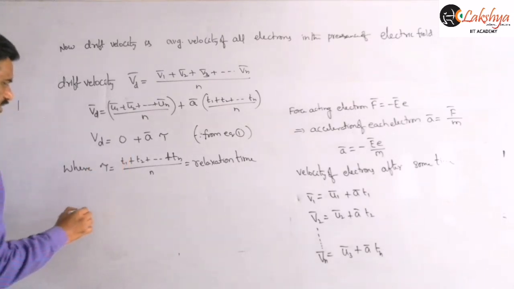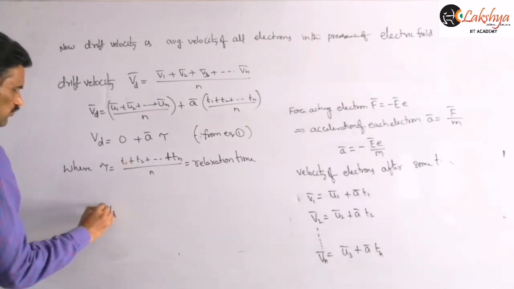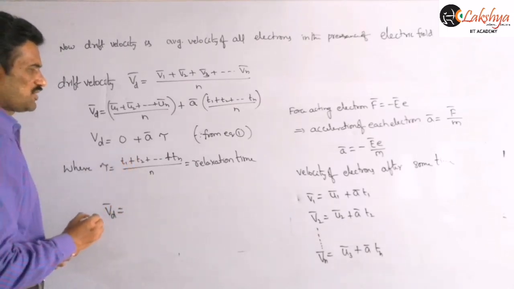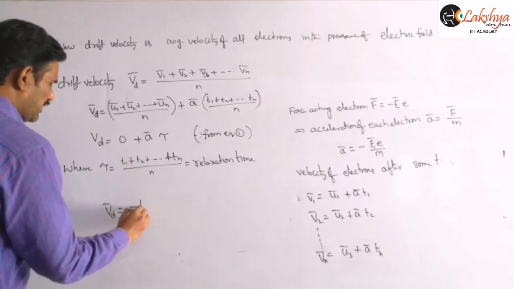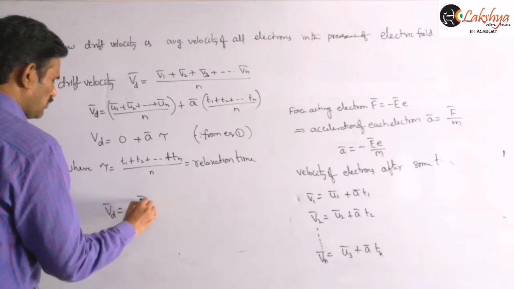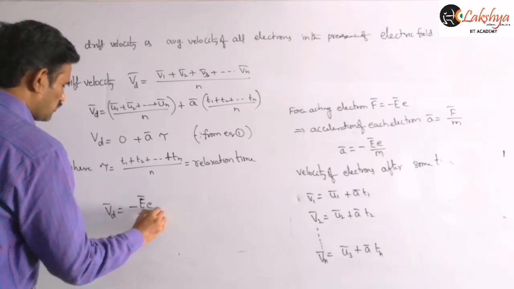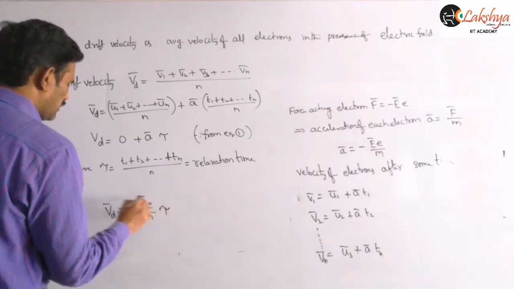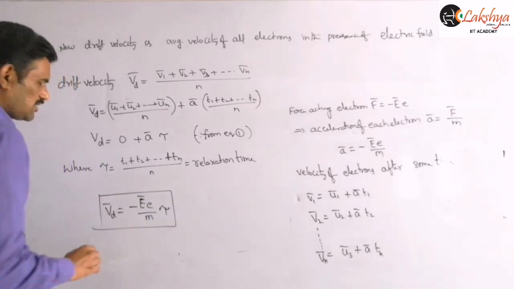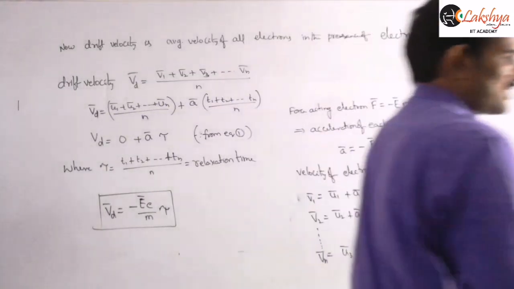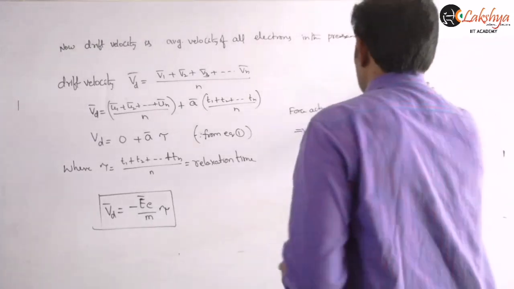And so next, let us write Vd bar is equal to, now I am substituting that A value, minus e into E bar by m into tau. So this is our drift velocity, and we write in terms of speed here. The magnitude of that velocity is nothing but our speed.